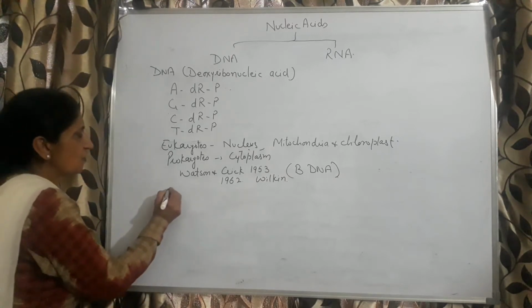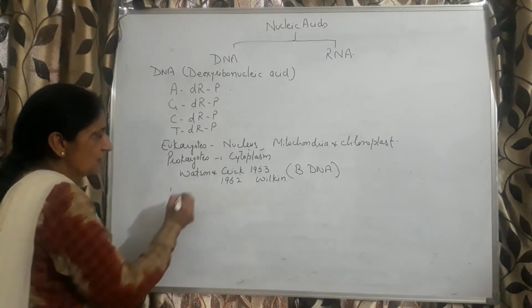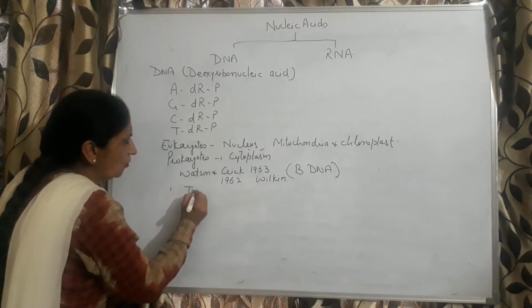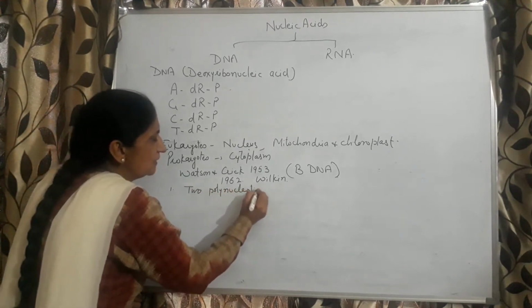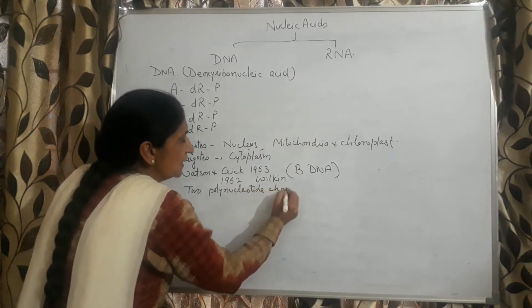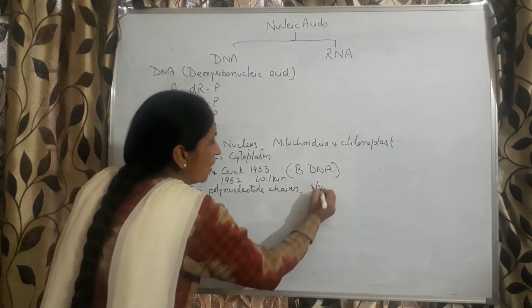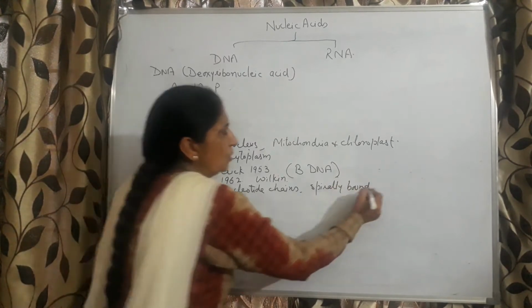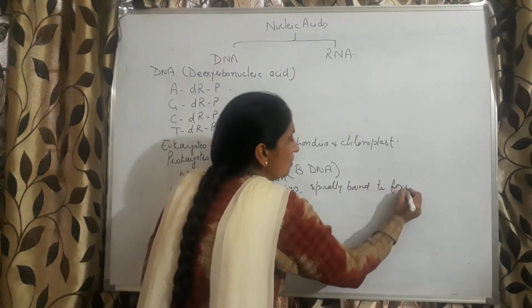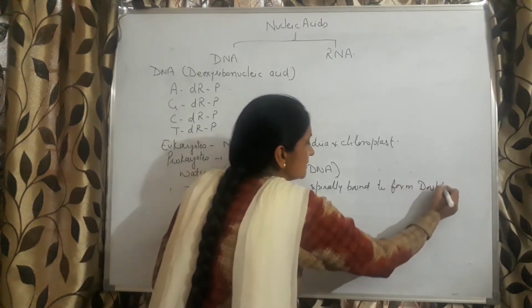The main points of this DNA are that DNA is composed of 2 polynucleotide chains, and these chains are spirally bound in a right-handed manner to form a double helix.